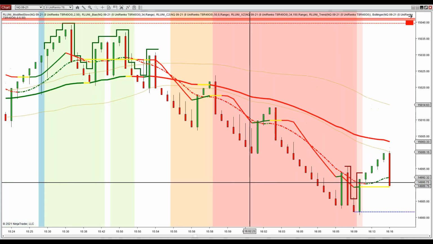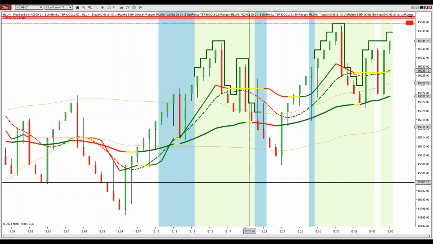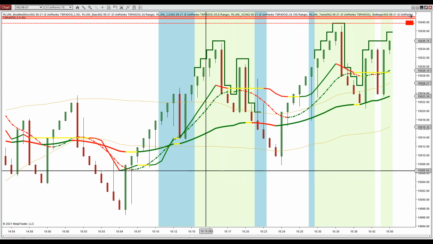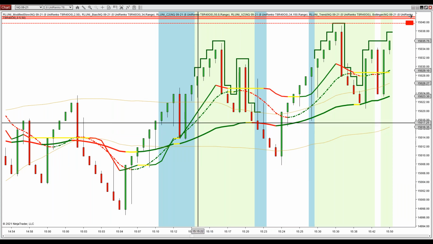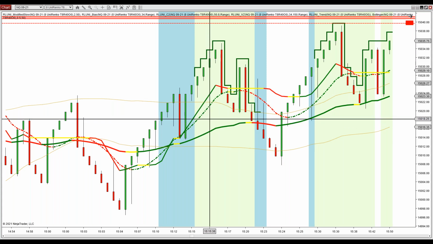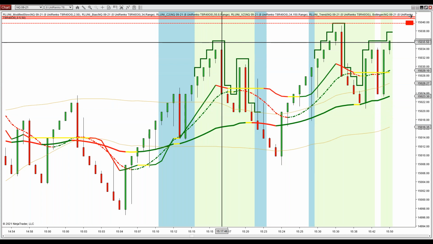I'll take a single, double, triple, or home run, as long as it keeps yanking them in. Now here is a winner. This is going to hit your first target on this big pullback. You have exactly what you're looking for. We've got 1, 2, 3, 4 candles and a continued move up.